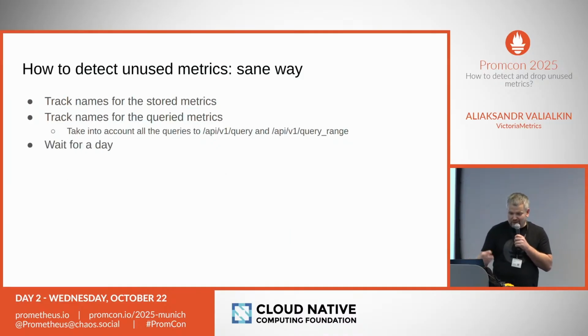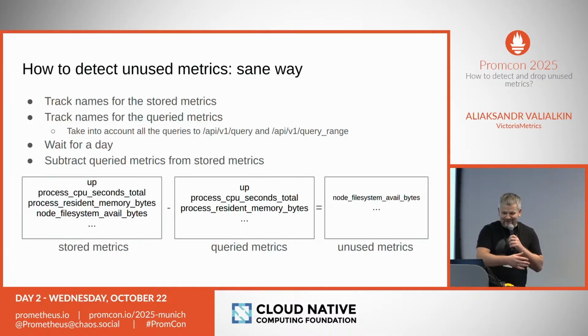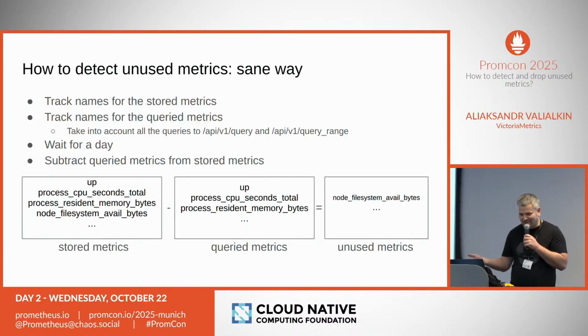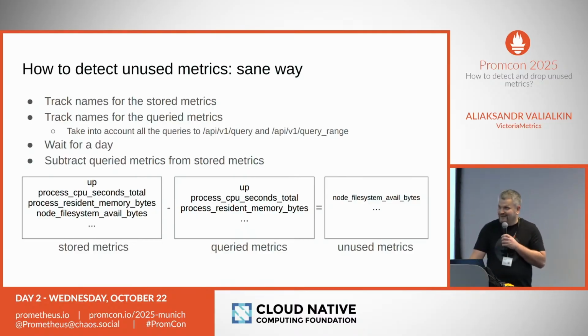And then you wait for some time, for a day, for example, or for longer, and then automatically subtract the queried metrics from the stored metrics and get the set of unused metrics. This is not so hard to implement.